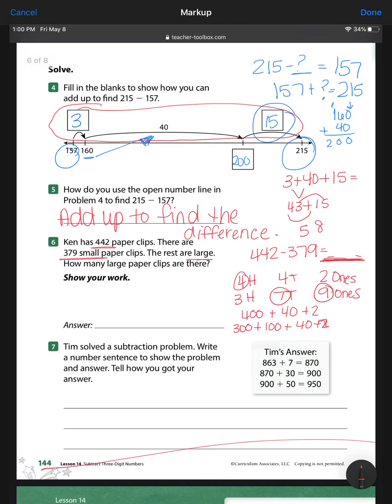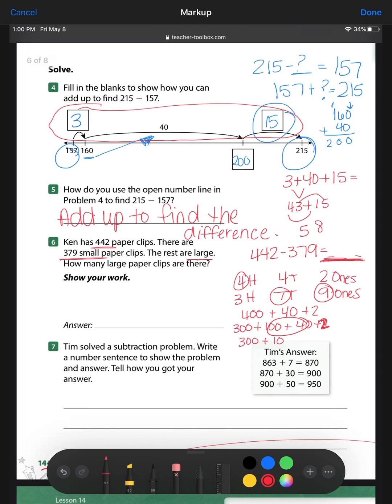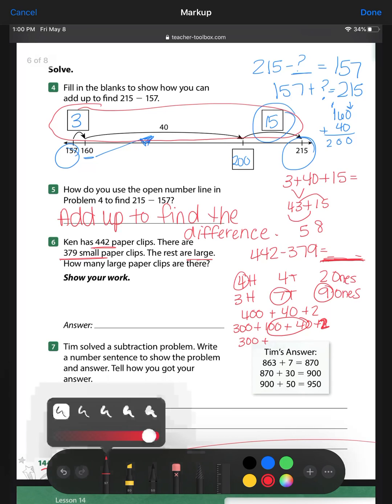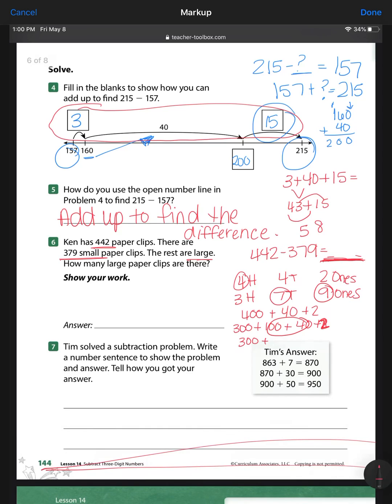Now we're going to give one of our tens to our ones place, so we are able to subtract there. So 300 plus 100, we add these two together. But we have to give one to our tens place. So it's 130 plus 12 because we give one to our tens.